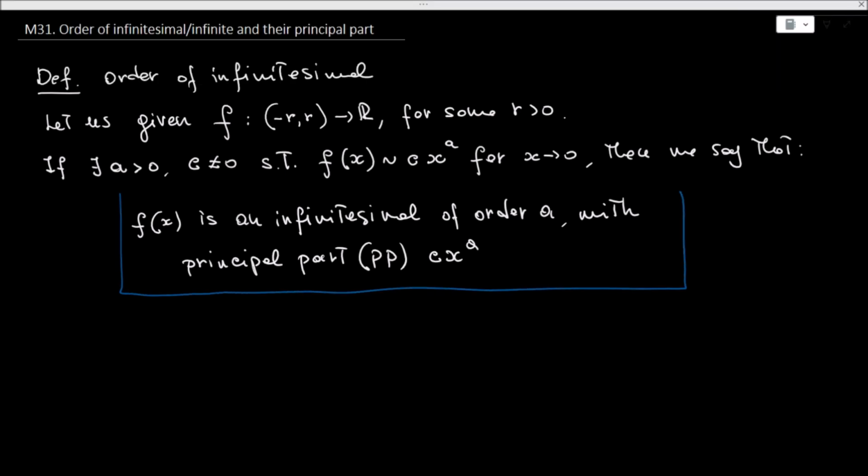Let's review what we just said. We are saying that if we have a function f which is defined in the neighborhood of the origin, and we can approximate this function with c x to the a, where c and a are real numbers, then we say that f of x is an infinitesimal, meaning that the function goes to 0, exactly like c x to the a goes to 0, and it goes to 0 as fast as c x to the a, which means that c x to the a is basically a reasonable approximation of f of x, and for that reason is called the principal part.